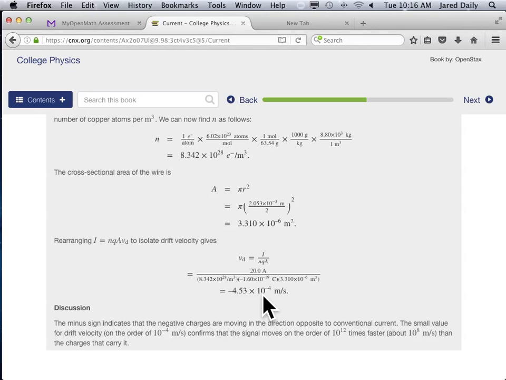Notice that it's not all that fast. Drift velocity is 10 to the minus 4 meters per second.